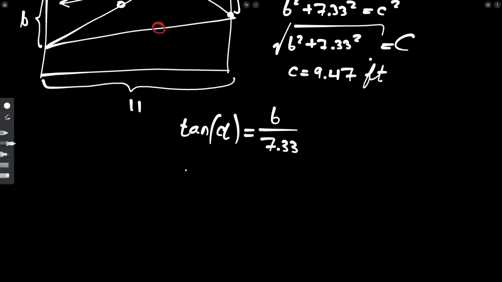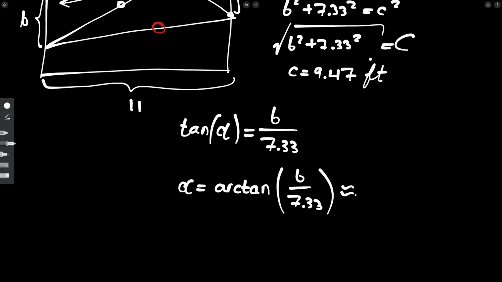Then to solve for alpha, we take the tangent inverse of both sides. Alpha equals the arctangent of 6 over 7.33, which gives us an angle of approximately 39.3 degrees.